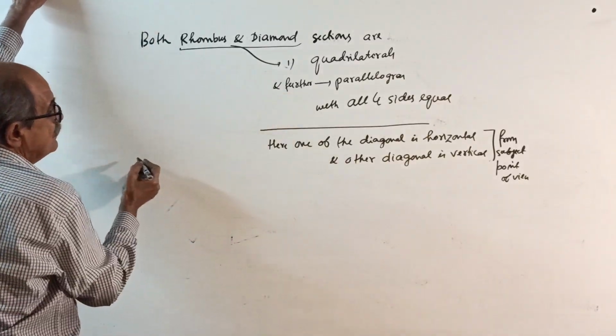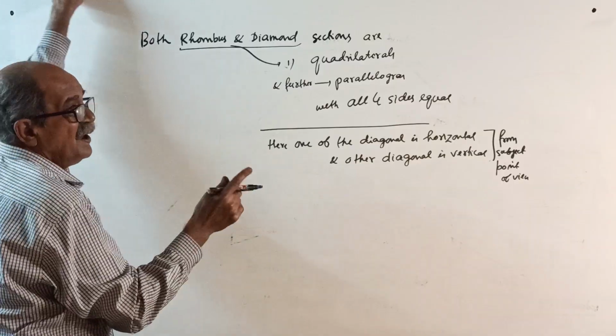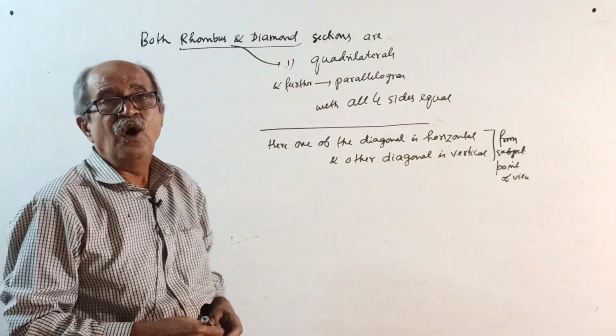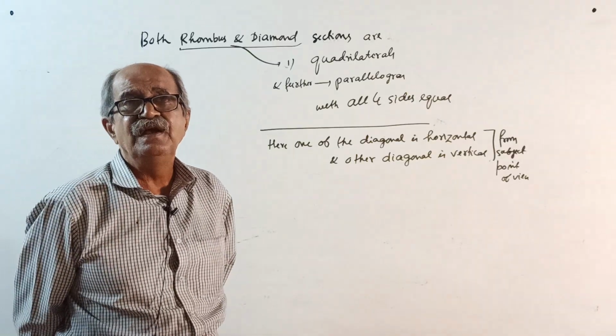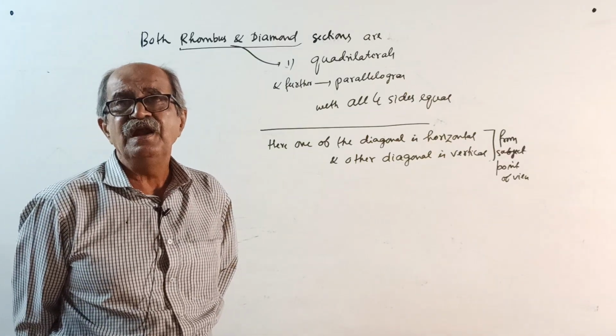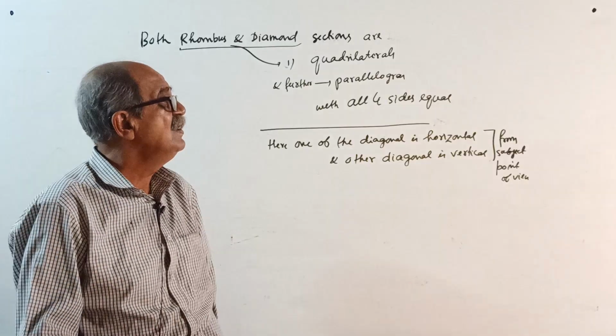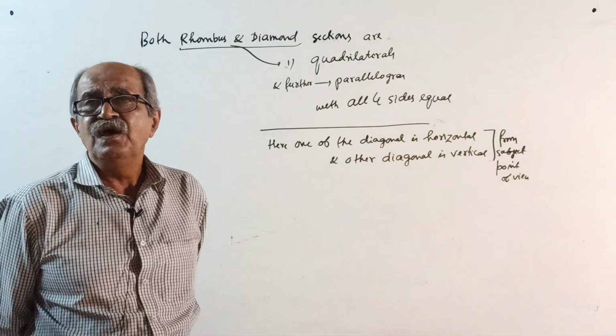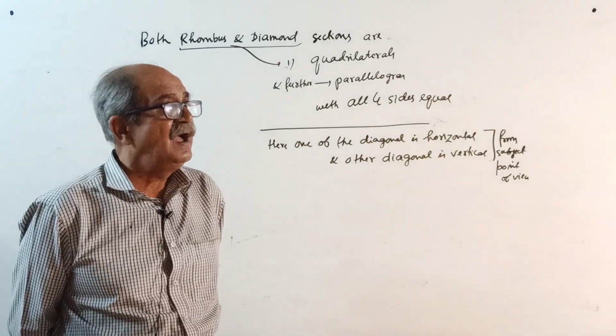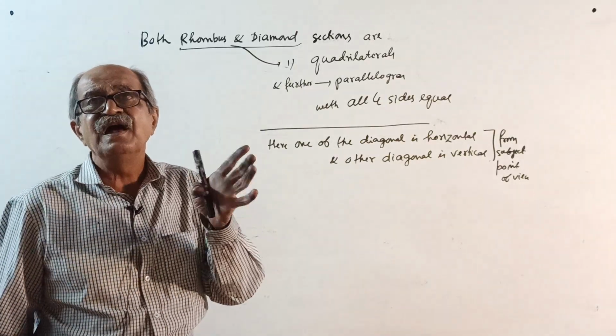How is the rhombus? All four sides are equal, which means it is not necessarily a square. It need not be square, because in a square all four sides are equal and both diagonals are equal.